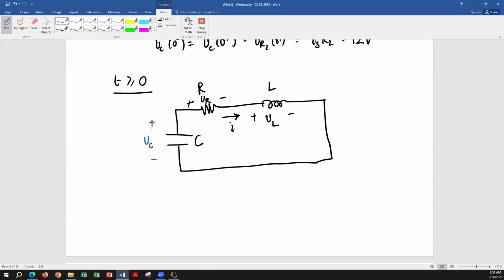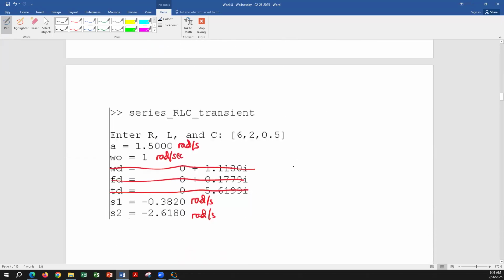That means V_L is equal to V_C minus V_R. So we're going to go ahead and use this equation here.